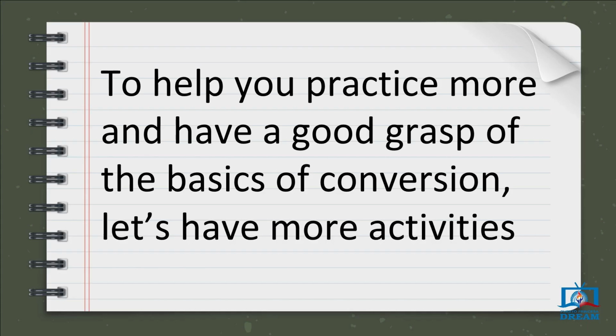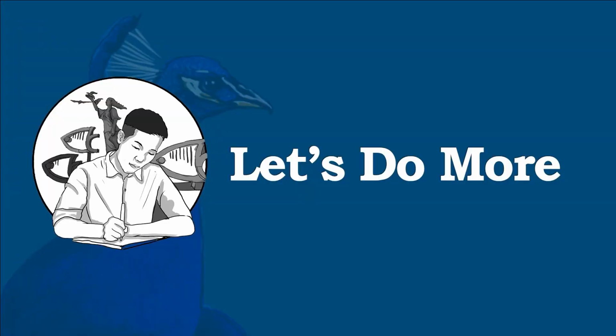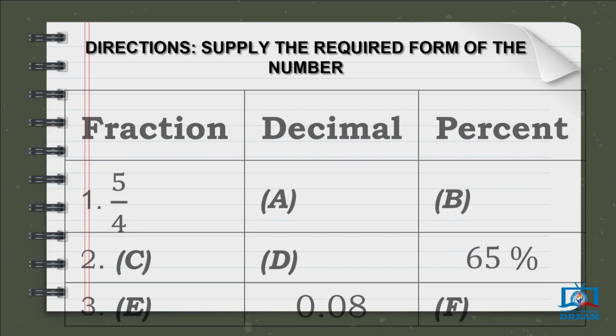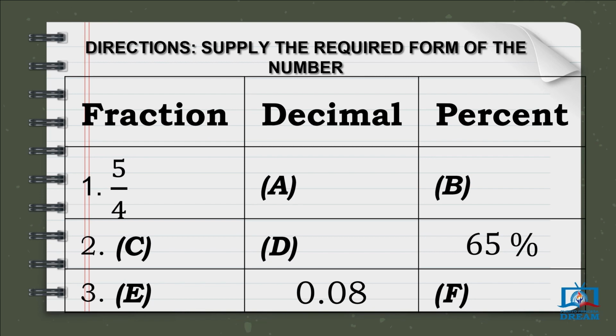To help you practice more and have a good grasp of the basics of conversion, let us have more activities. Direction. Supply the required form of the number. Number 1. Convert 5/4 to A, its decimal equivalent.